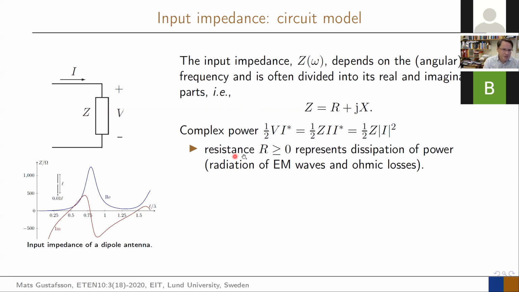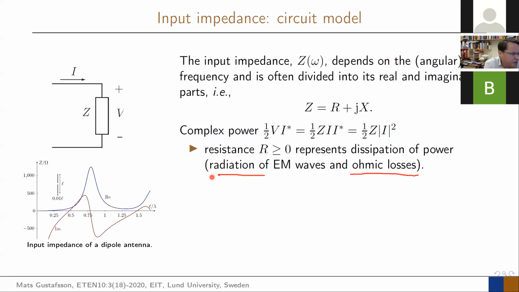And the resistance R is always positive, and that represents dissipation of power. And dissipation of power now can be two things. From the circuit side, you can have radiation of waves, but you can also have ohmic losses. And if you think about it, can you see the difference between these two from the circuit?